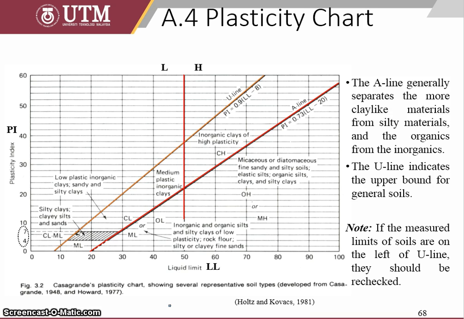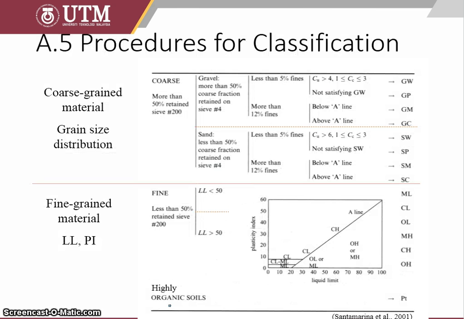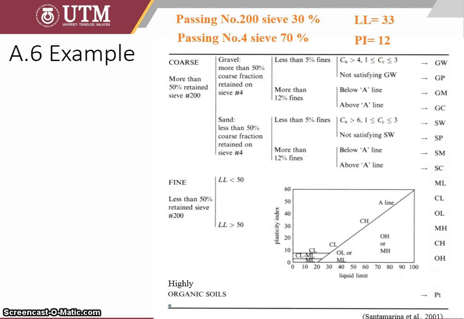Okay, I think we have already seen this plasticity chart. This is how some of the tables for the USCS look like. We have a version in Bahasa and also one in English. I think I can show you an example now.